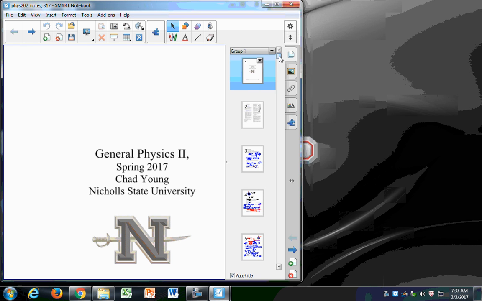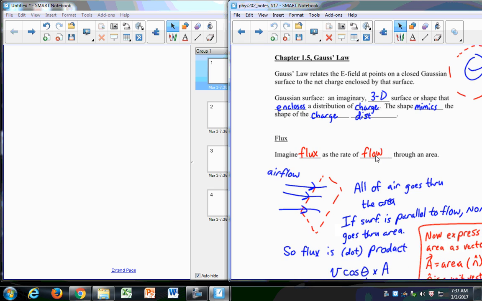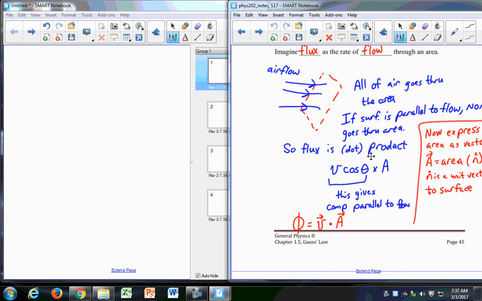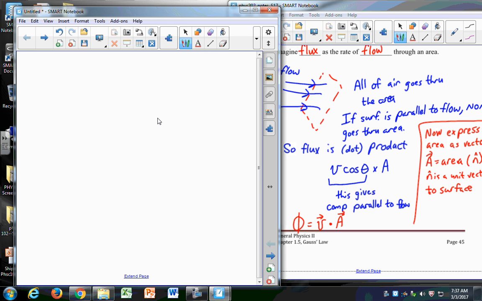Pull up our notes here. All right, so on chapter 1.5, you need to be able to calculate the flux for a 3D object, and then once you find that flux, calculate the charge enclosed.